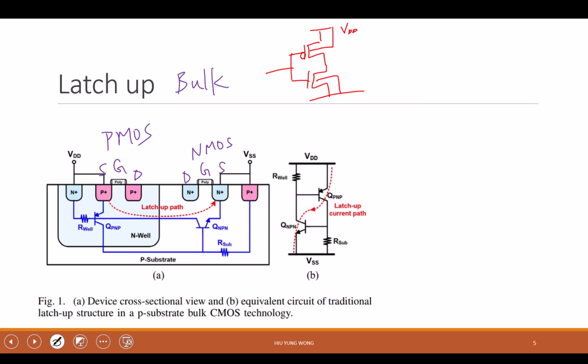So that's why you see the source here. This is the source and the substrate, a bias to VDD. And then you have the gate, which is the input. Although it's not connected here, let's assume they're connected, so it becomes an inverter, right? On the bottom, you have this VSS, which is the ground. Let me just write it as VSS, right?